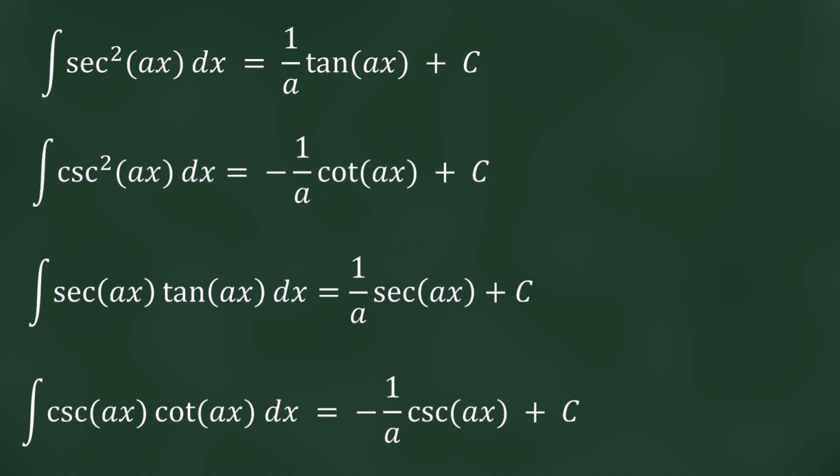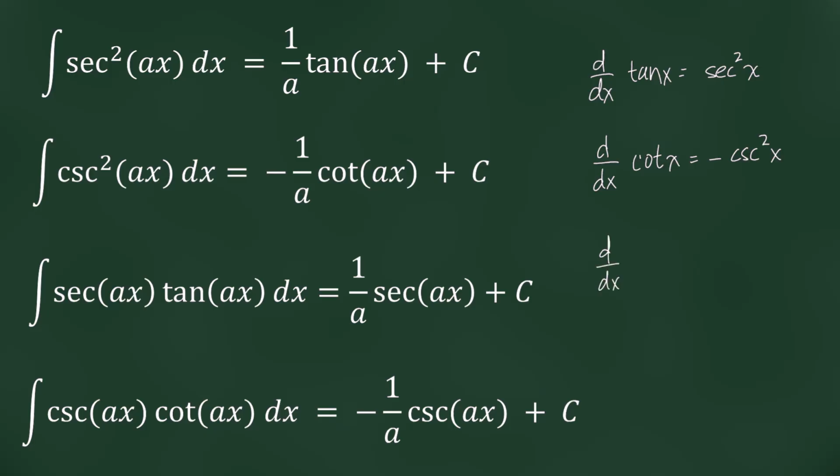These next four all follow again from a very similar substitution as well as their corresponding derivatives. So it's sufficient for us to remember here that the derivative of tangent of x is equal to secant squared of x. The derivative of cotangent of x is negative cosecant squared of x.